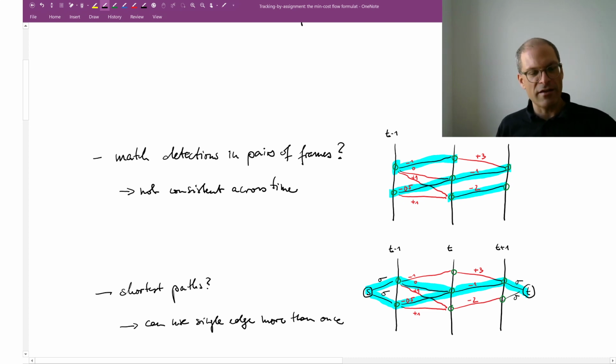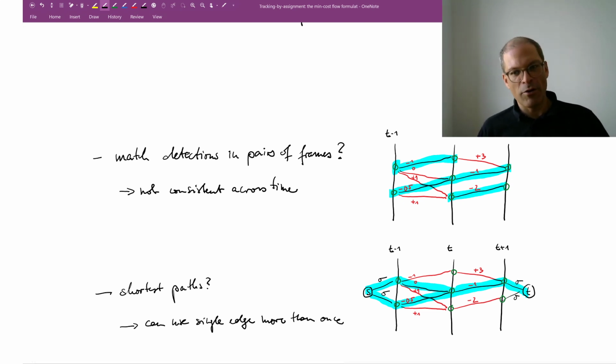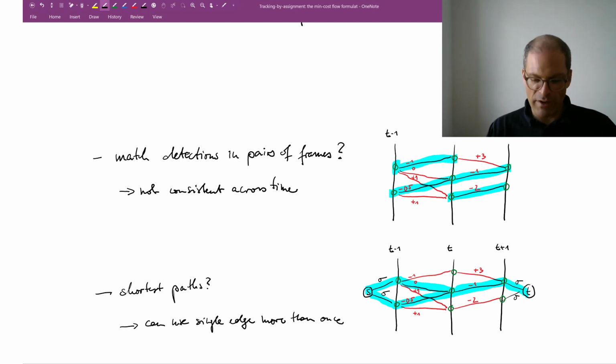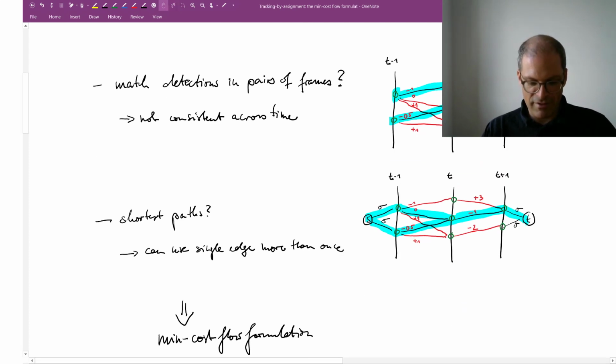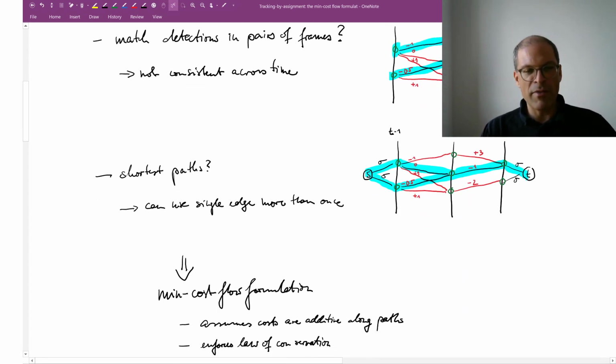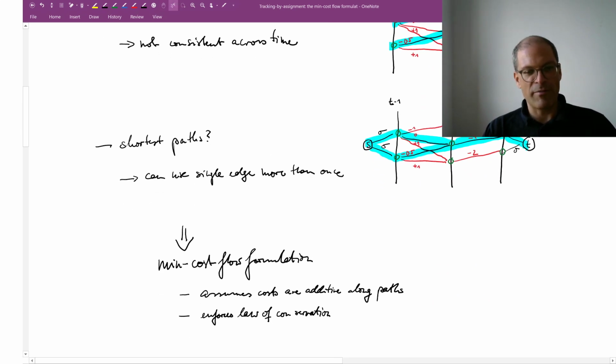So what we need is somehow the idea that we want to count how often an edge is being used, and we want to disallow an edge or a detection to be used more than once. And this can be thought of as an upper limit or a capacity on each edge. And this is where we come to flows of objects. And indeed, there is a min-cost flow formulation of this tracking by assignment.